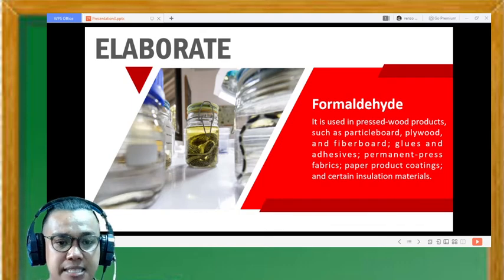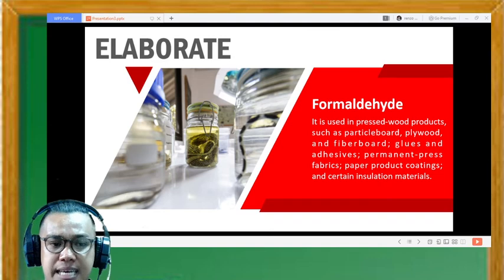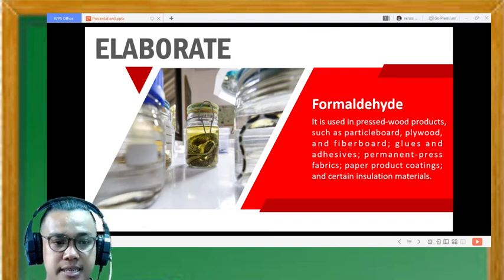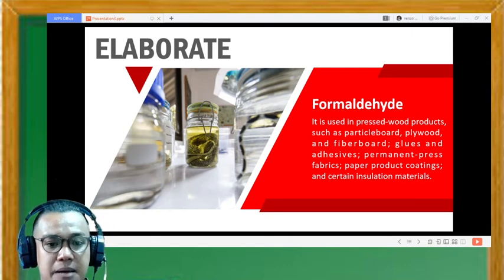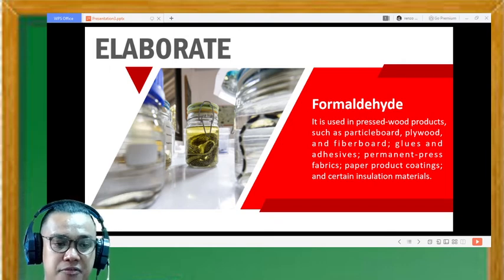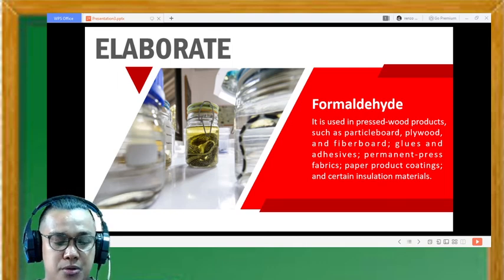To elaborate, we have formaldehyde, which we use to retain the freshness of an organism. The best example is that we use it to preserve an organism inside a bottle, like preserving the body of a man.